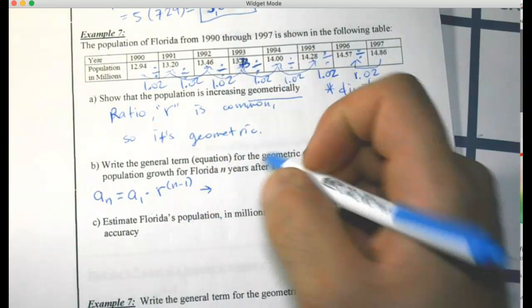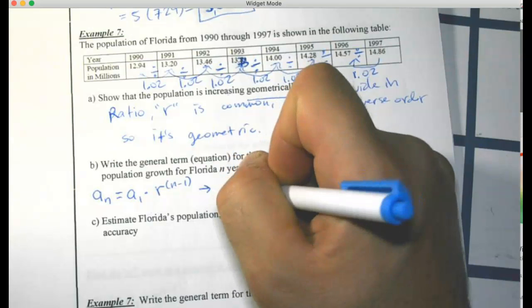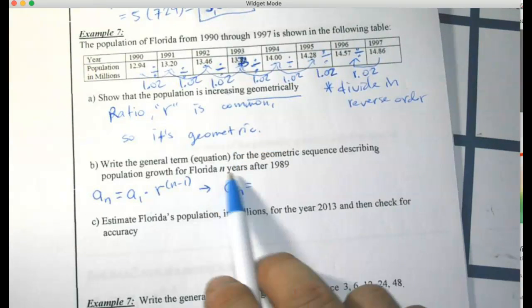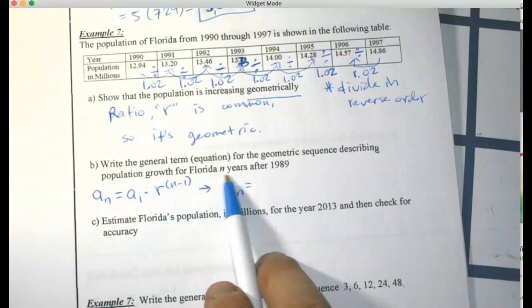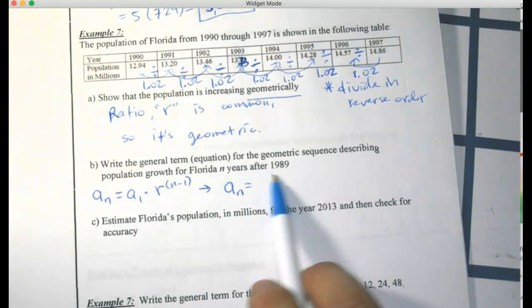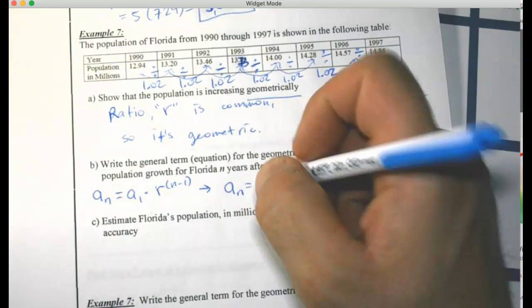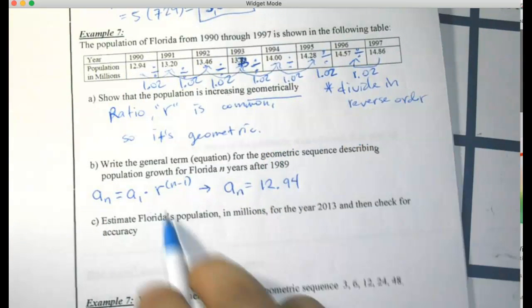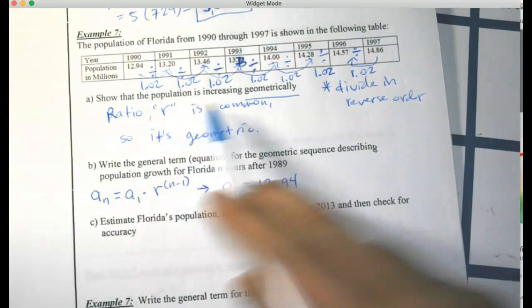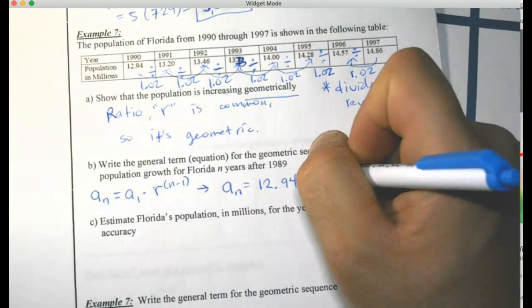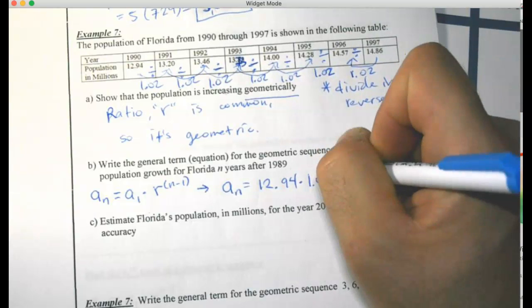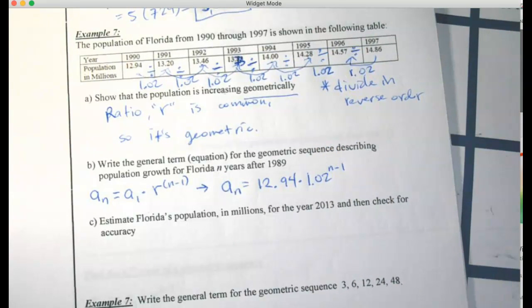It's not asking me for any term, so a sub n will stay the same. But a sub 1, the first term, would be the next year after 1989, so your 1990 number, 12.94. And r, which we established is 1.02, so times 1.02 to the power n minus 1.